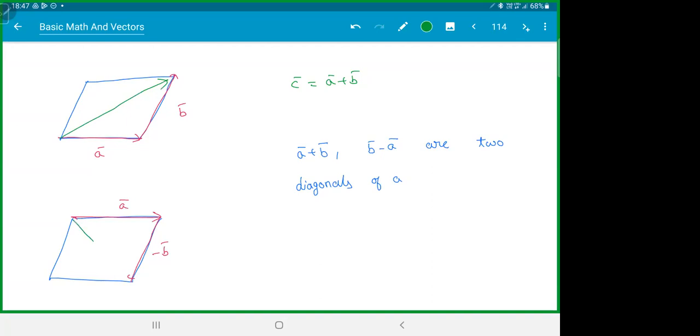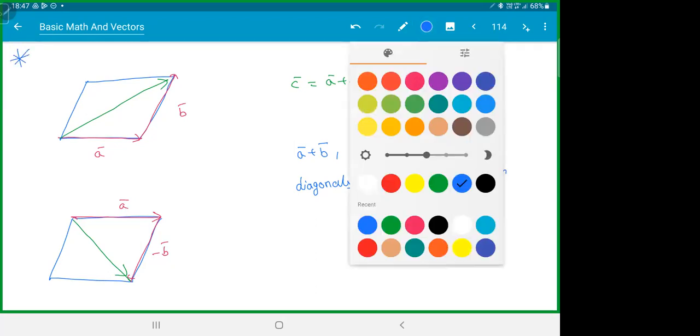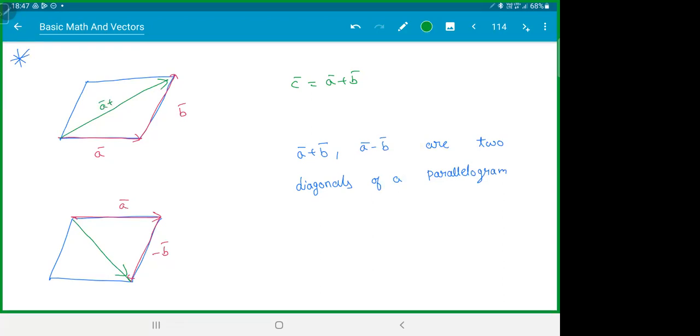So A bar plus B bar and A bar minus B bar are two diagonals of a parallelogram.